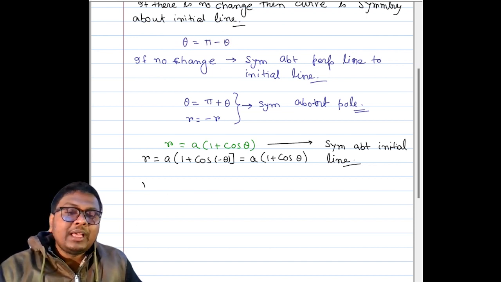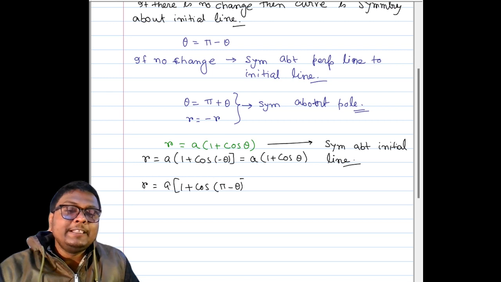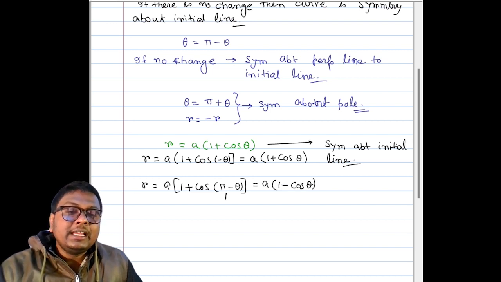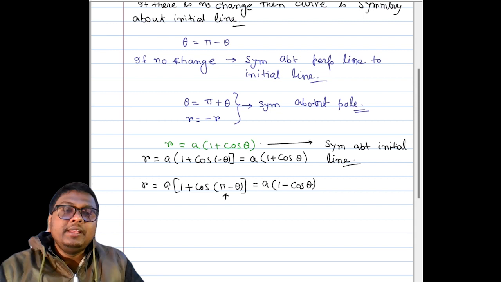So r equals a into 1 plus cos of pi minus theta, that is a into 1 minus cos theta, because pi minus theta is in the second quadrant and cos is negative there.